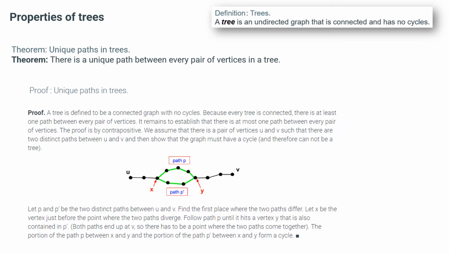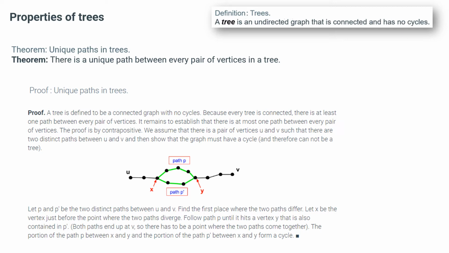And that's a cycle. And remember, the definition of trees that you see here at the top says a tree is an undirected graph that is connected and has no cycles. So if we assume this theorem is not true, we find that there is a cycle involved, and that would mean that it's not a tree.